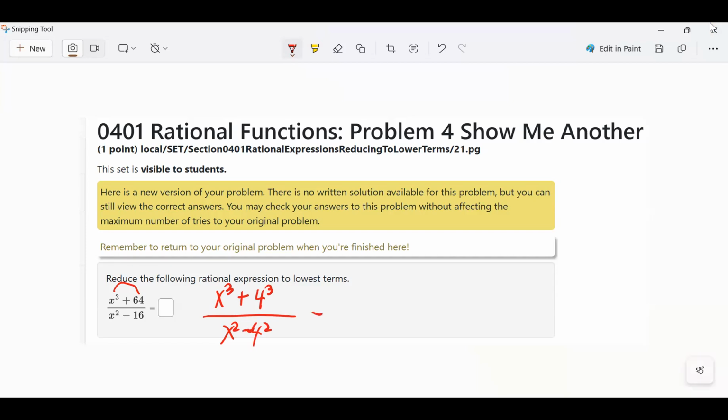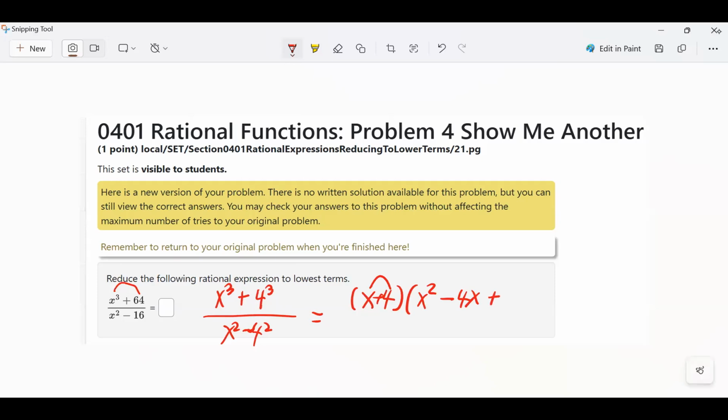On the top, as I mentioned earlier, you take the x and 4, and that becomes the first factor. For the second factor, you do x squared, and then the middle sign is always minus, right? Then you multiply x and 4, you get 4x.